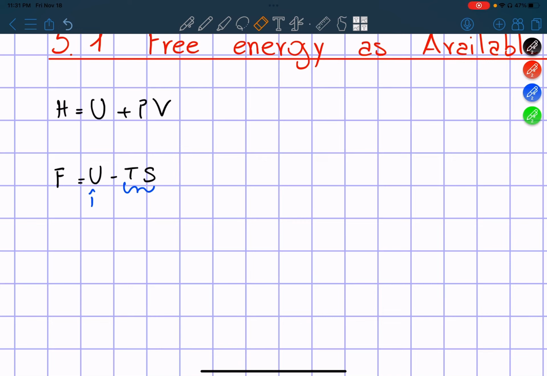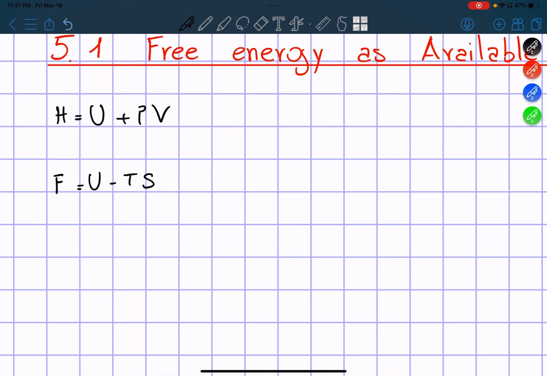So, what does this mean? Well, in order to have this energy from the environment, we're going to be creating entropy. So our TS will actually be T times delta S, where our S naught will be equal to 0.